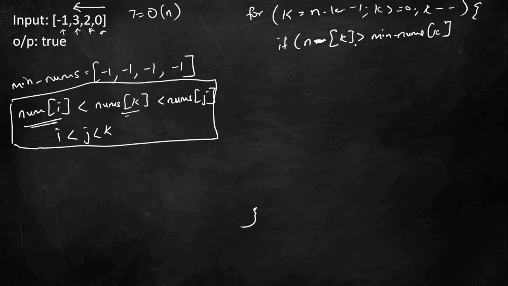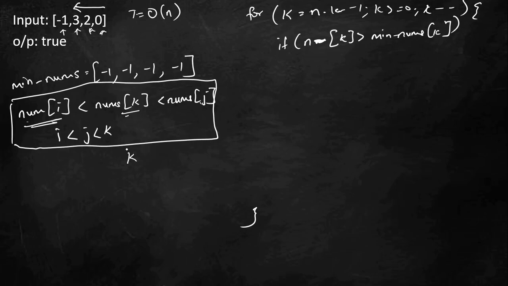So what this means is I am going from here, that means there is some min value which is less than my nums of k. Now we do not need what exactly is the min value, we just want to check whether this condition is satisfied. So any min value is fine for us.